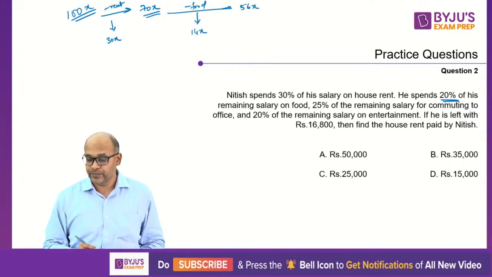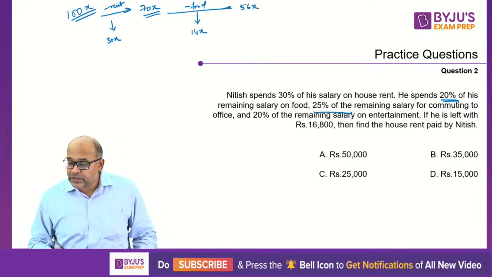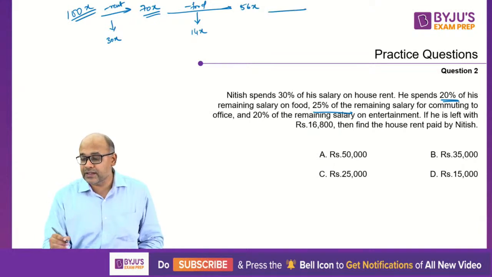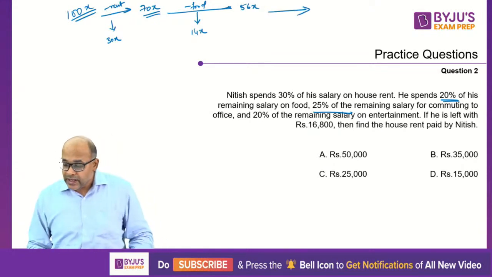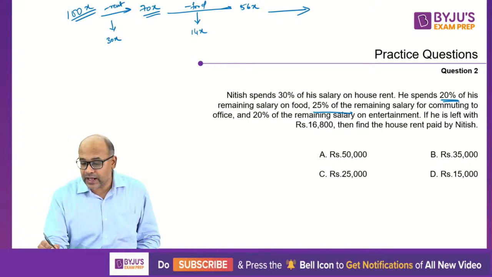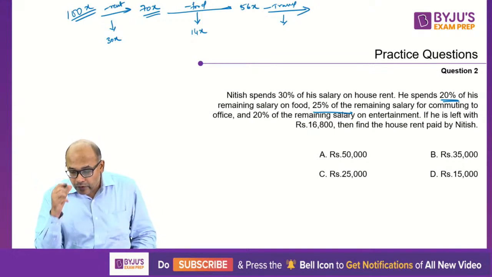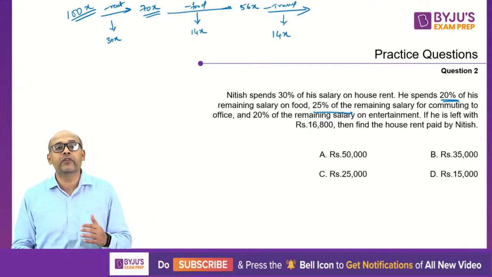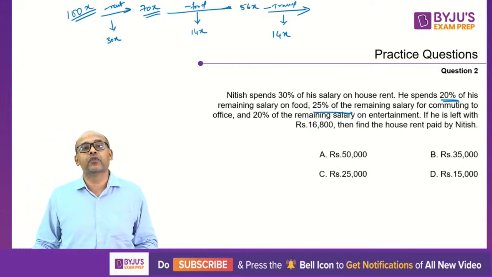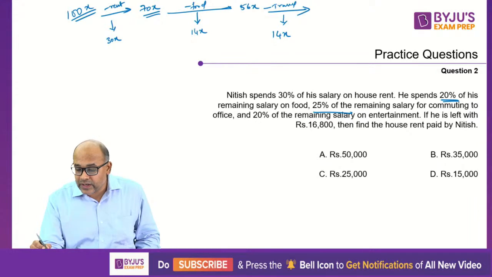This is left. Then 25% of the remaining salary is for commuting, so travel. If you subtract travel, what is gone? 1/4 of 56. 4 ones are 4, 4 4s are 16. So 14x again is gone. 1/4 of 56 is 14. So what is left? You will be left with 42x.